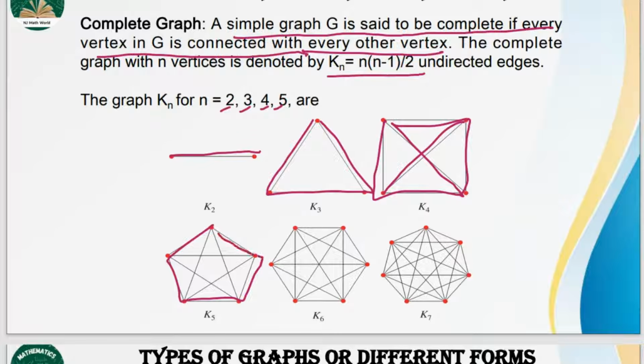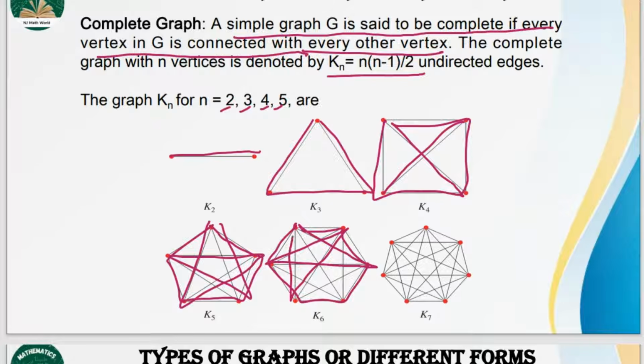These are called K1, K2: 2 points means K2, 3 points means K3, 4 points means K4, 5 points means K5, and it goes on. Then for 6 you have to draw the graph. Then here it is K7, which is 7 points. So you have to draw this.